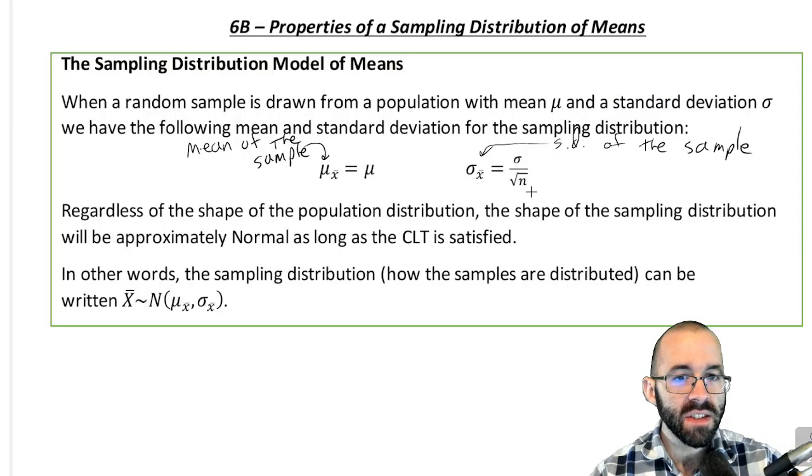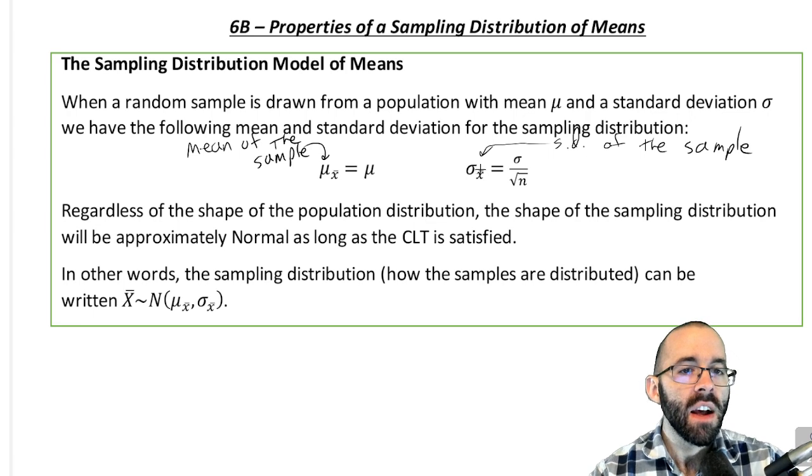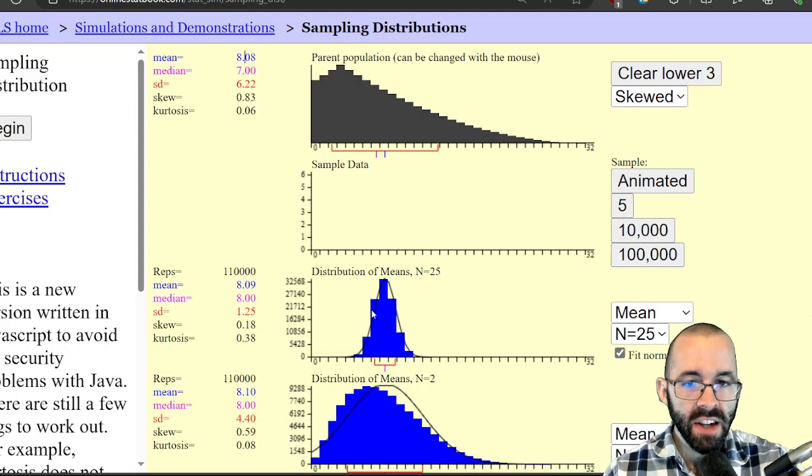So if the CLT is satisfied, independence, randomization, and sample size, the standard deviation for our sampling distribution will be the old one divided by the square root of the sample size. This standard deviation should be this red standard deviation divided by 5.